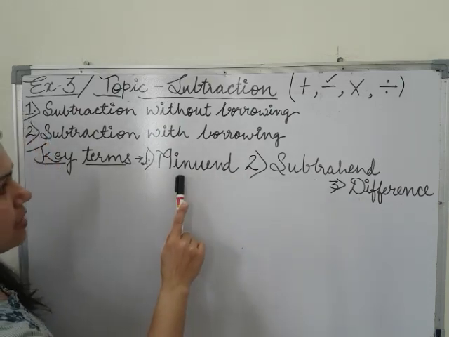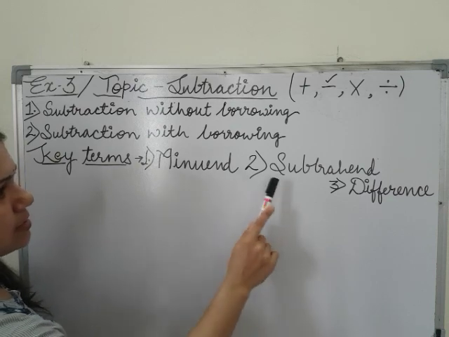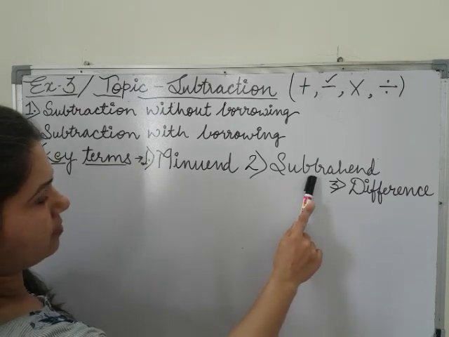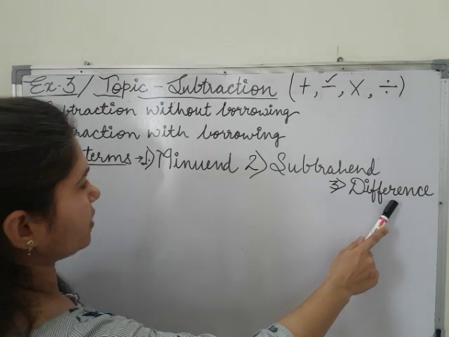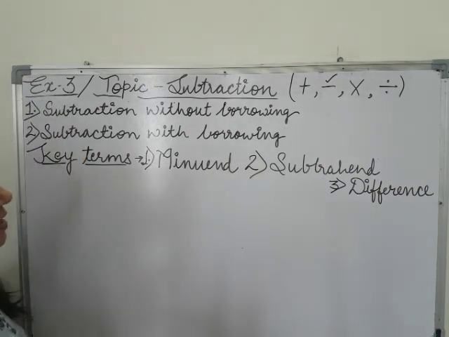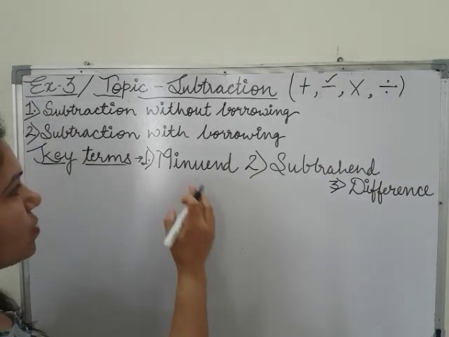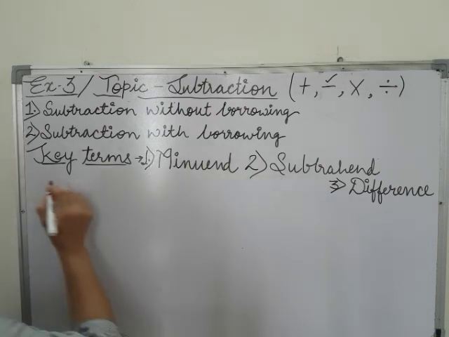First key term is minuend. Second, subtrahend, and third, difference. So we are taking one example to understand these three terms.